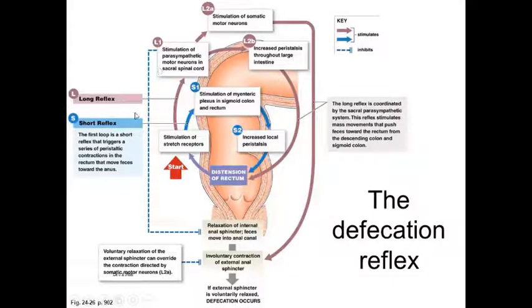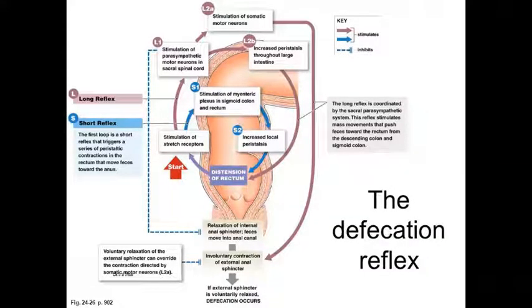So we have short reflexes and long reflexes. In the long reflexes, the action potentials fired by the sensory nerve fiber will be propagated to the central nervous system and also to the prevertebral ganglia. Within the central nervous system, it goes to the sacral region of the spinal cord. That's where you have the centers for defecation, or defecation centers: segments S1, S2, S3, and S4.